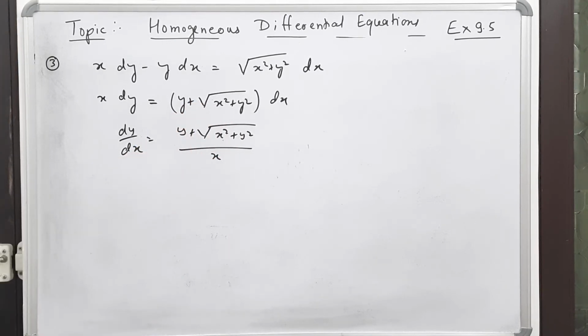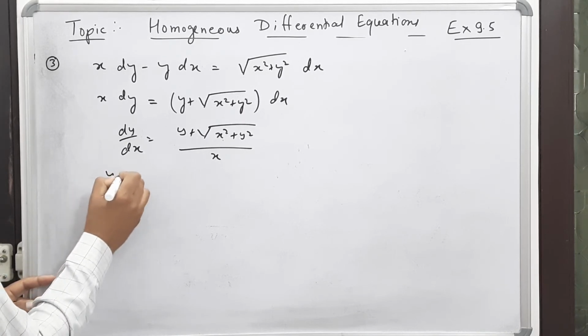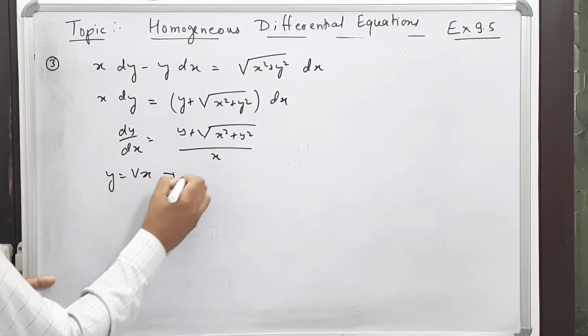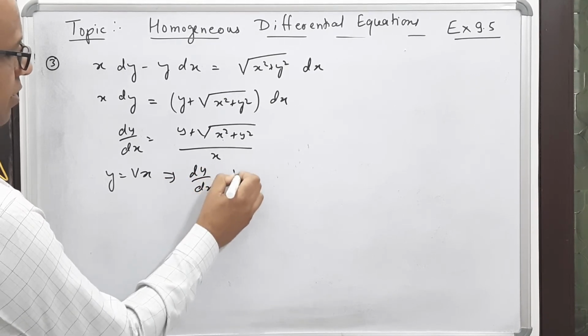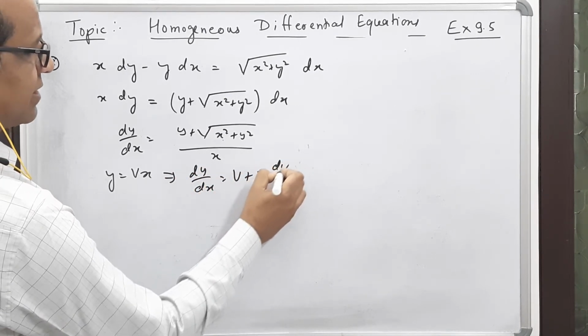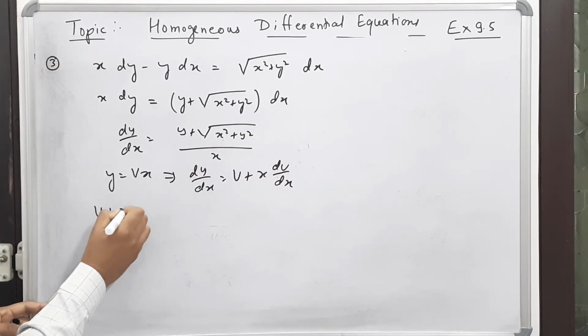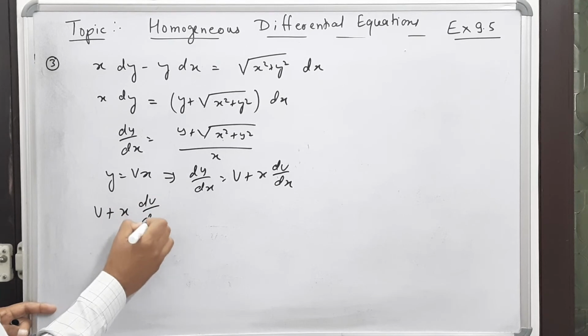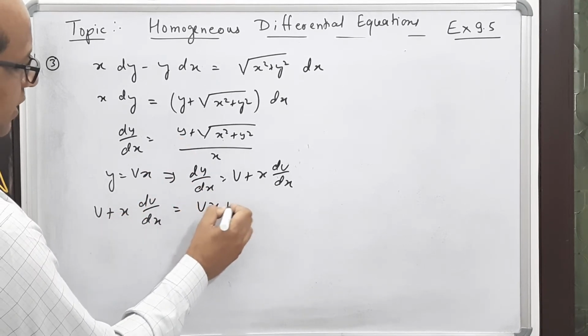And you see this is a homogeneous equation. Now the same method, put y equals vx. So dy by dx will be v plus x dv by dx. So it is v plus x dv by dx equals y, and y will be vx.